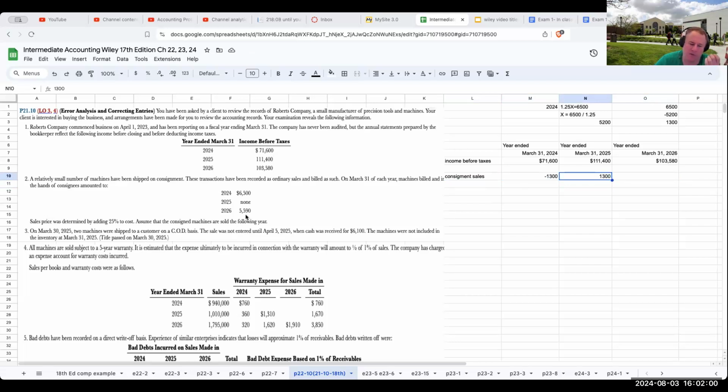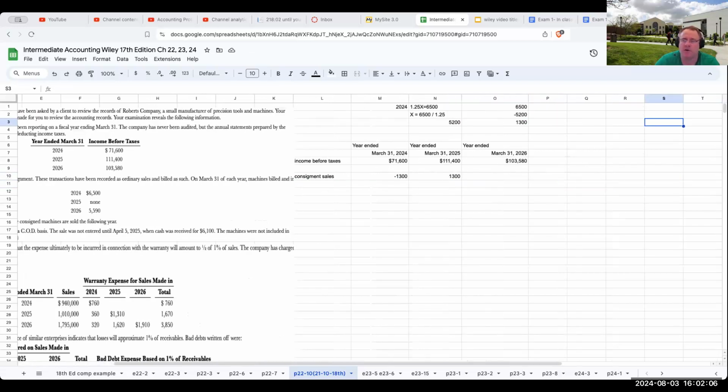Now, the problem with this one right here is going to be 5,590. So we need to figure out what our commission, or our percentage, would have been on the consignment. So over here, you're going to have 1.25x equals 5,590. X is equal to 5,590 divided by 1.25. So you're going to get a total of 4,472.